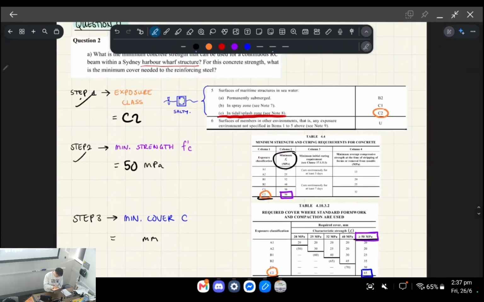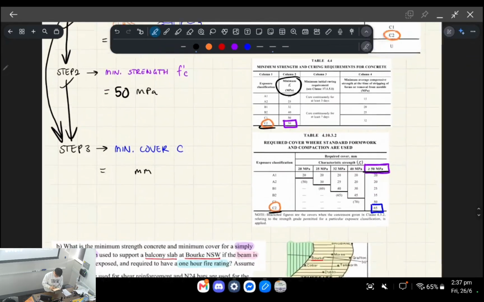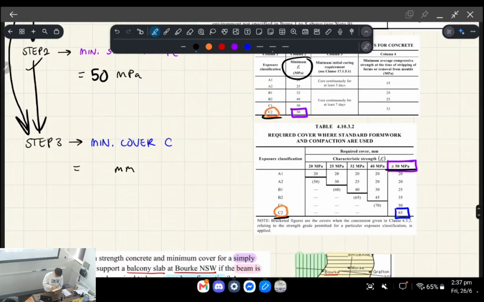So step 1 leads into step 2, and step 3 is a function of the first two steps. You read this table, and you figure out that the minimum cover is 65 mil.